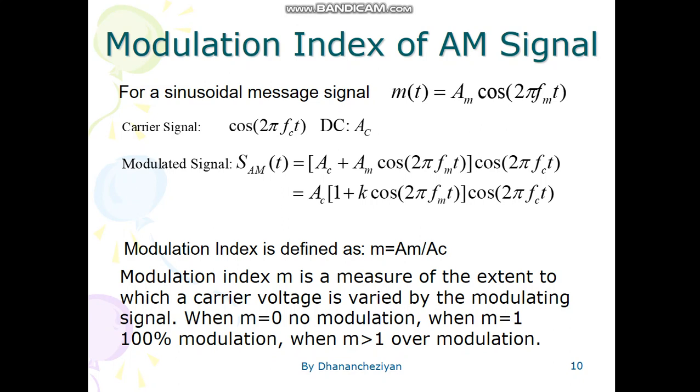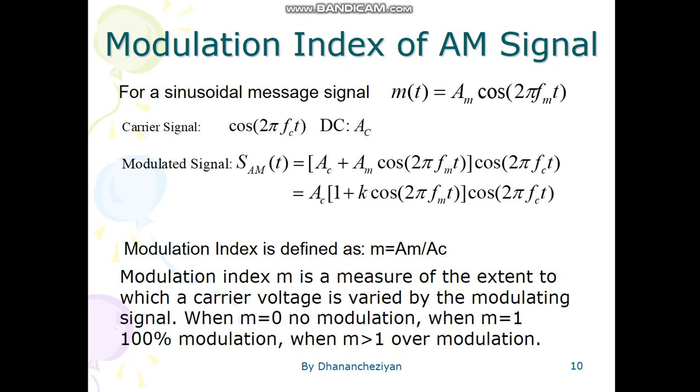So m is nothing but Am divided by Ac. This parameter controls the modulation, whether my modulation is ideal, under modulation, or over modulation.